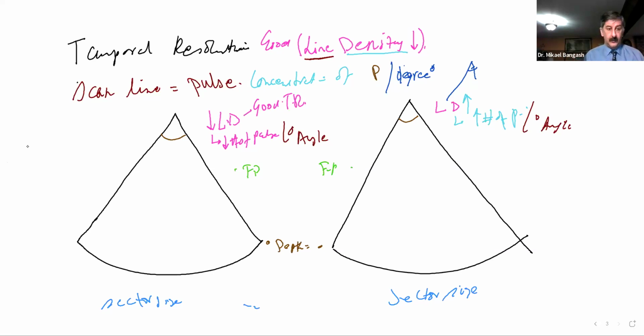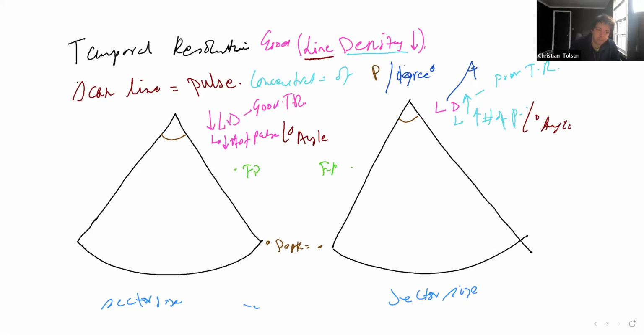Whereas the one with the great line density will give us a poor temporal resolution. Did you guys get that? Yes. Okay.